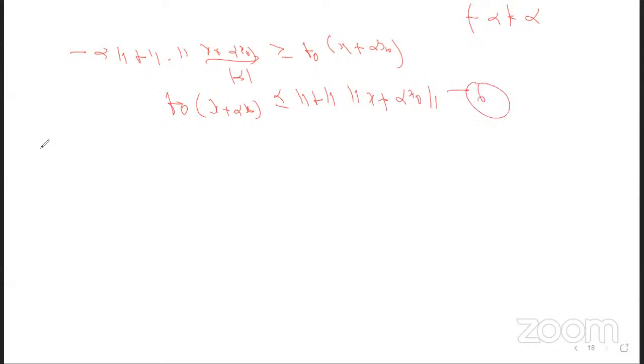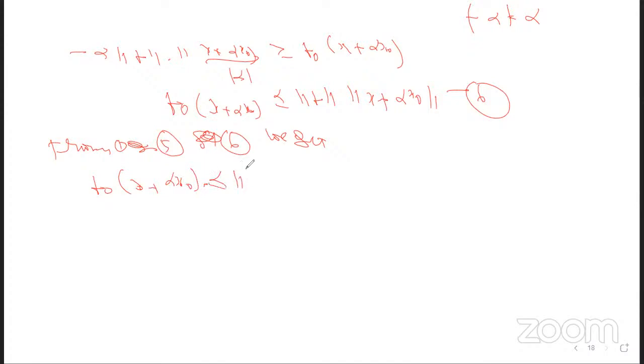So from 5 and 6, we obtain f naught x plus alpha x naught less than or equal to norm of f into norm of x plus alpha x naught, for all x belongs to capital M, alpha belongs to scalar field or real number.